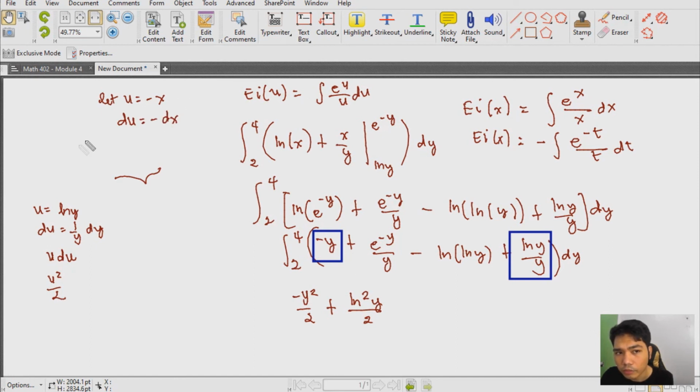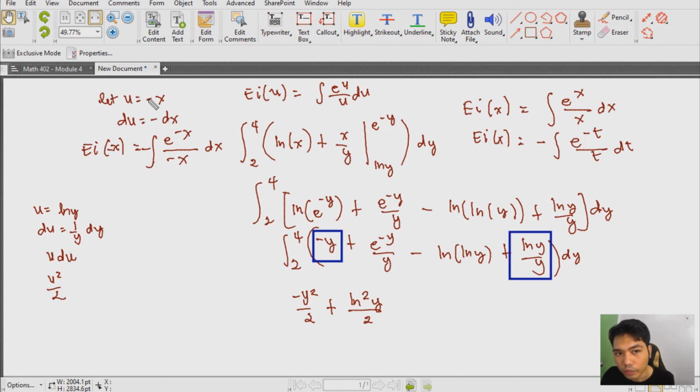Okay, so from this, we could say that ei of x would be equal to the integral from e to the negative x over, ano ba yung u natin? U is negative x, so negative x and then negative dx. So therefore, we could say that ei of, not really x, but a negative x here, kasi yun yung ating u. Diba?